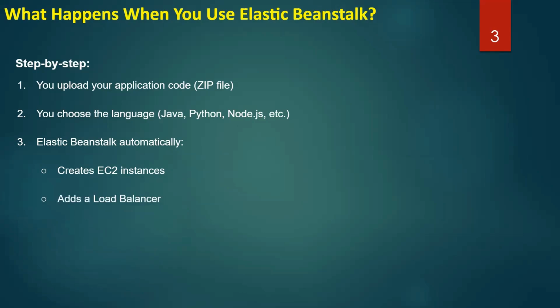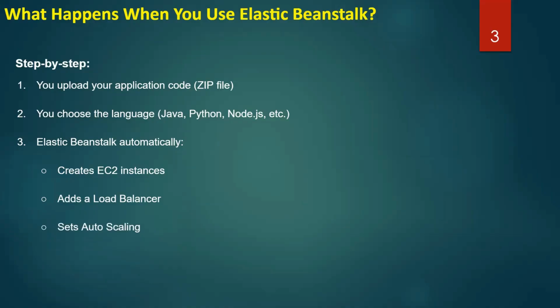For example, if there's a load of traffic trying to send requests to access your application, Elastic Beanstalk adds a load balancer depending upon the traffic, and it also sets up auto scaling.